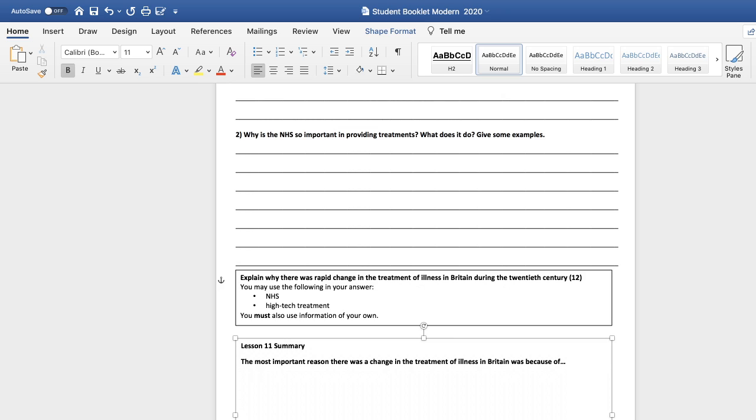Okay, so an explain why question should be 2 or 3 paragraphs using PETAL, with the sentence starter of the most important reason, or another reason, and it needs to be factor focused.